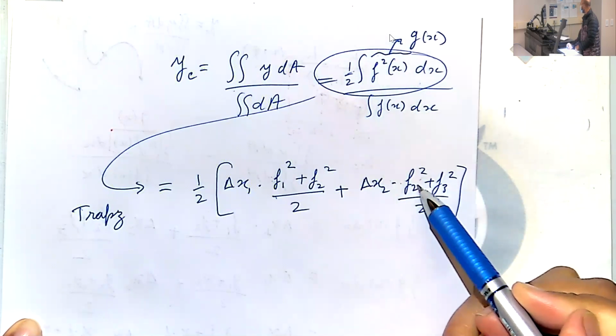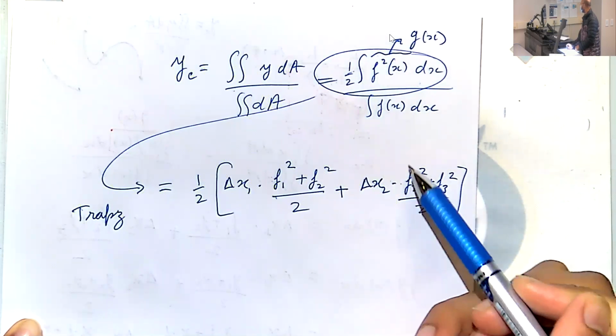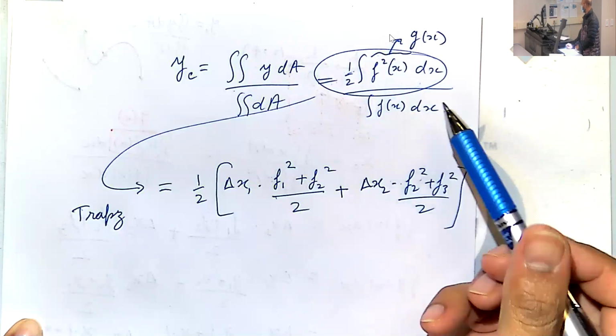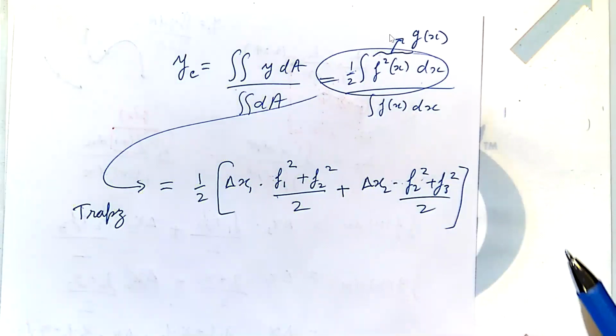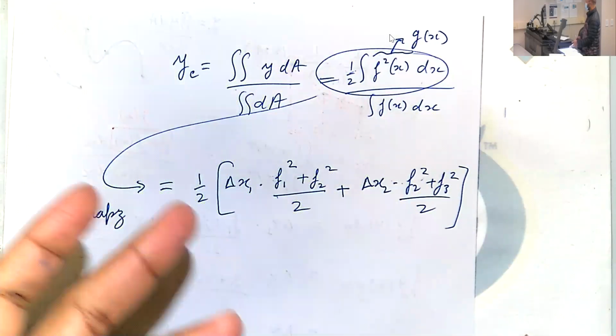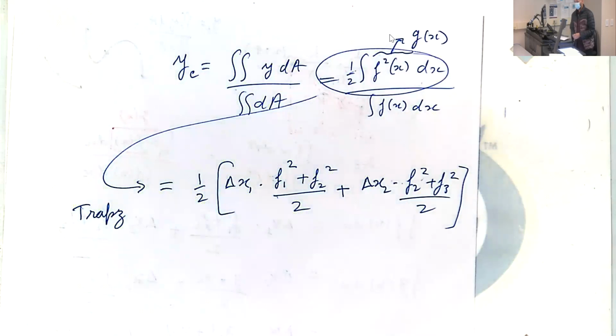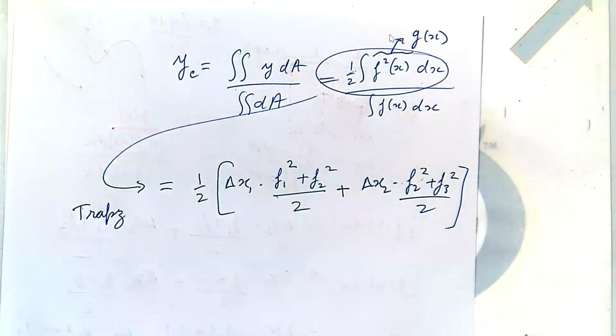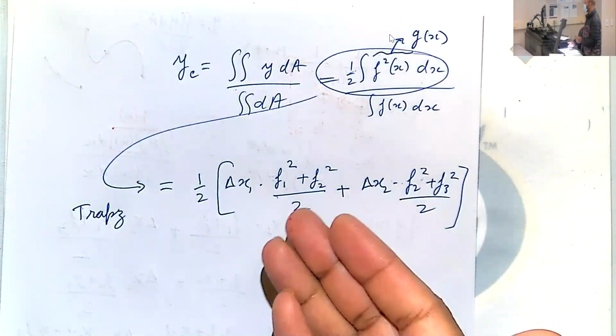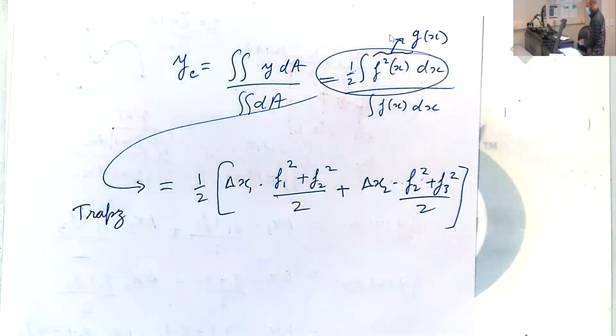G2 plus G3 over 2. G is F squared in this case, so we get that. And you do the same thing for Simpsons rule. So see, no matter what's inside, you always know how to convert it to simple trapezoidal rule and Simpsons rule.